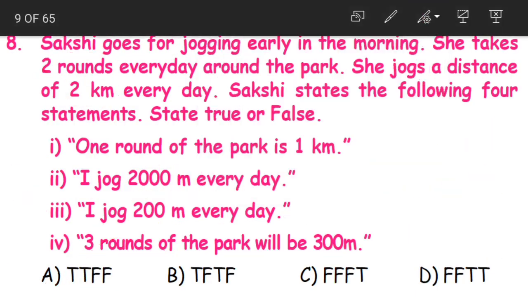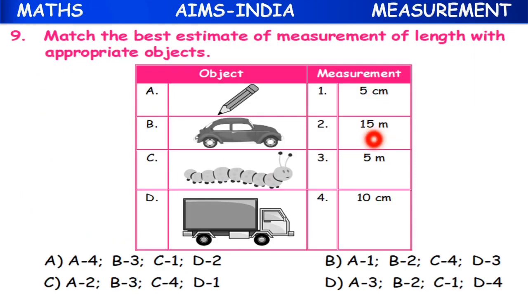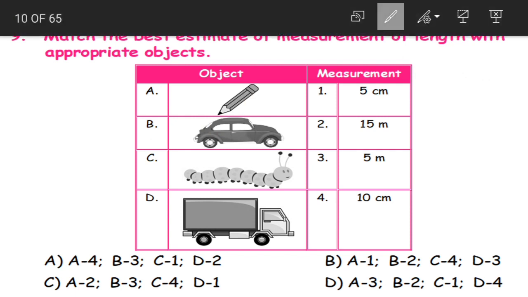Question number 8 is done. Now moving on to question number 9. Match the best estimate of measurement of length with the appropriate objects. What do we want here? We want to get the best estimate of the length with the appropriate objects. Here, from the given options, we have pencil, car, caterpillar and a truck.